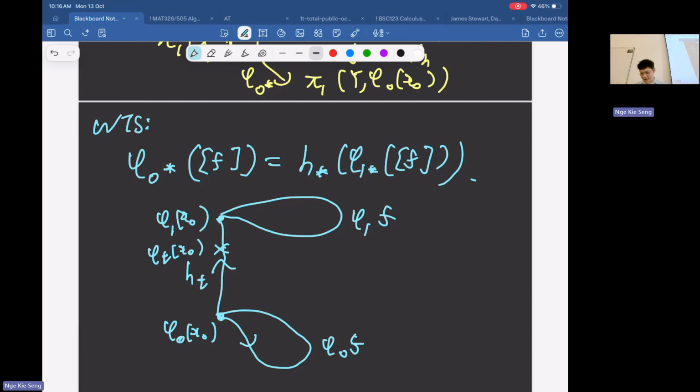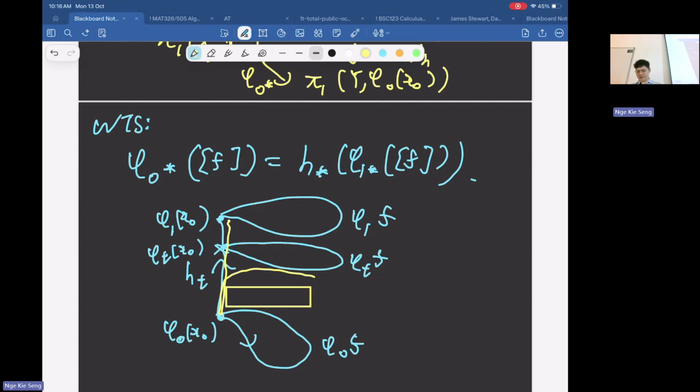You need to remember every loop, there's a loop here as well, which is phi t to f. Can you use phi t f to build a homotopy between these two loops? You cannot straight away go up, but you can go out a bit, and then do this loop, and come back, and then go further up a bit, and then do the loop, and then come back.